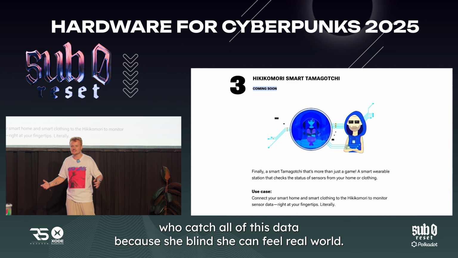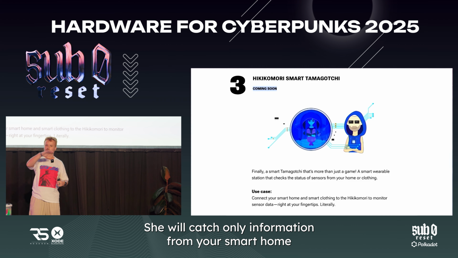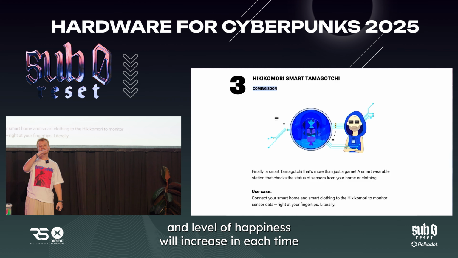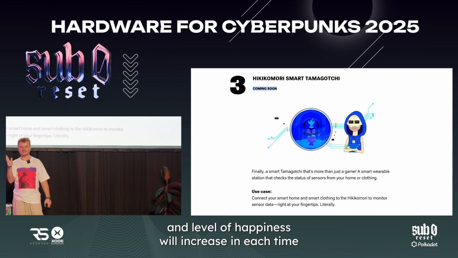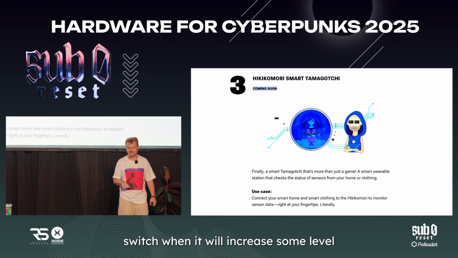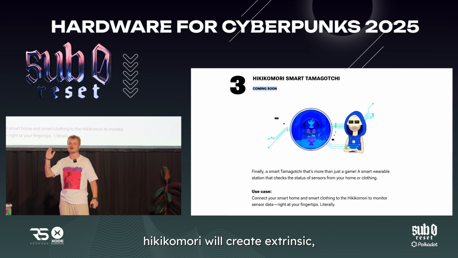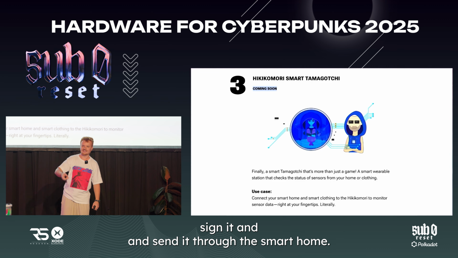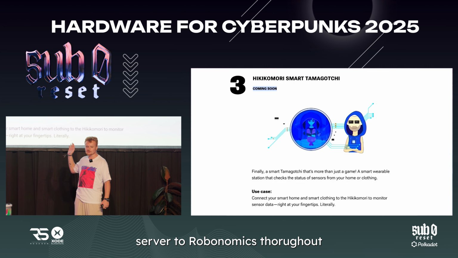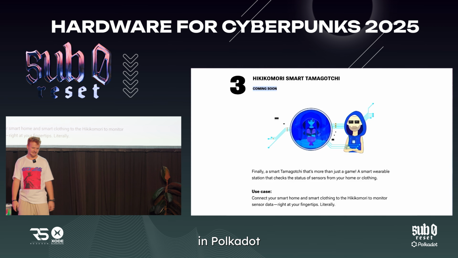Because she's blind, she can feel the real world, catching only information from your smart home. The level of happiness will increase each time you push the button of your smart switch. When it reaches some level, Hikikomori will create an extrinsic, sign it, and send it through the smart home server to the Robonomics cloud to keep a digital twin of the Tamagotchi in Polkadot.